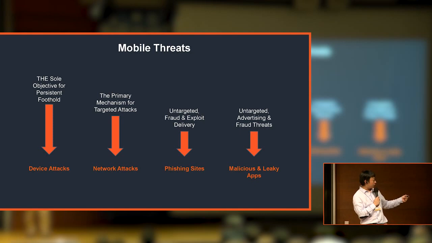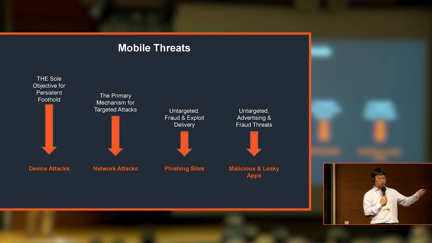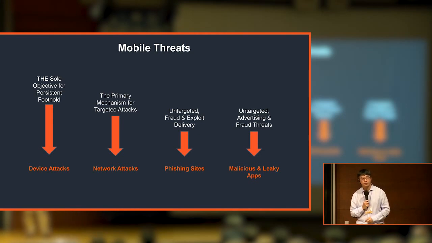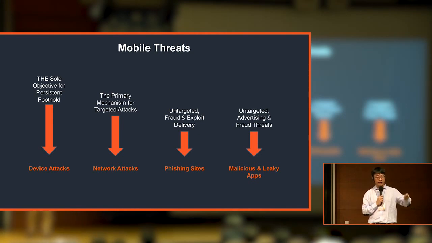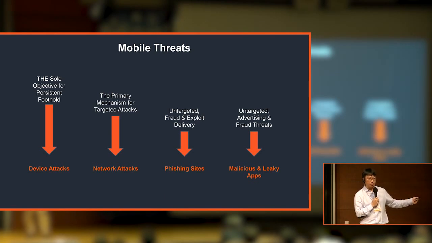A good hacker will use a combination of everything here. You will work out where your office is, where the important people go for coffee. They will go near them. They will use a combination of phishing and network attack. Ultimately, get to the device.